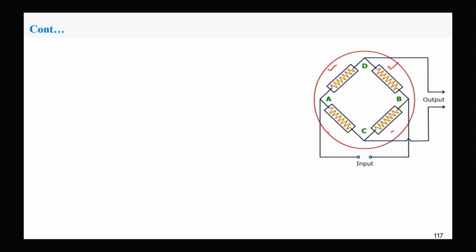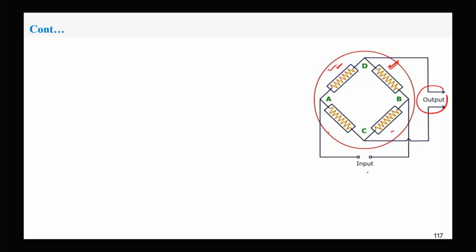So initially, when there is no load, that is, the lengths of these resistance wires are at their normal condition, the output voltage will be 0.